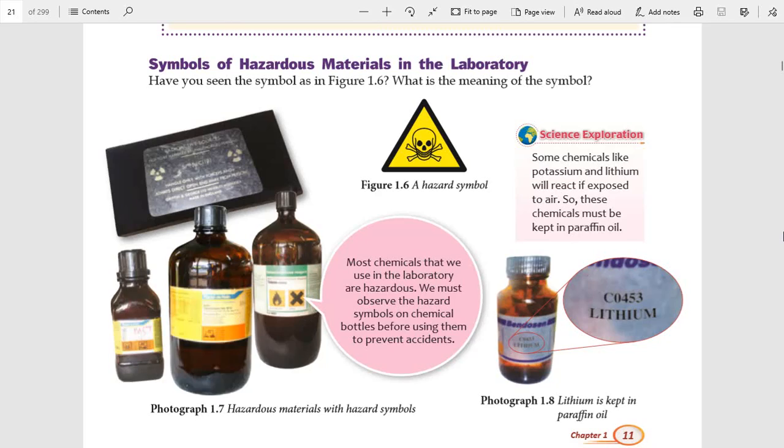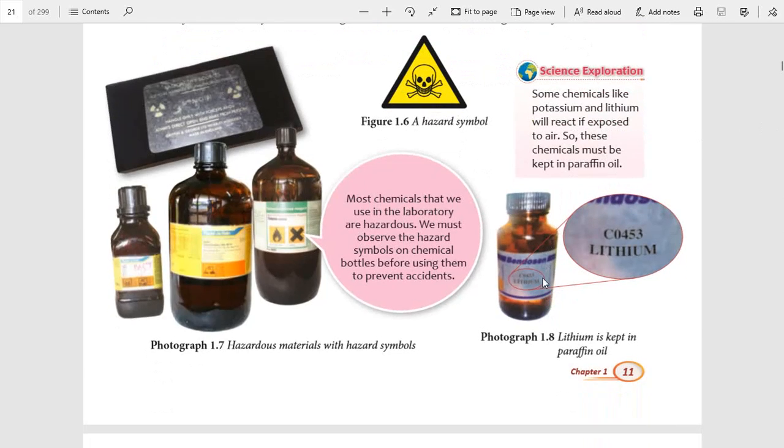Actually these two symbols have their own names. What else? The lithium. Lithium is also a very dangerous chemical. If it is not kept in paraffin oil, it will spread into our air unconsciously.